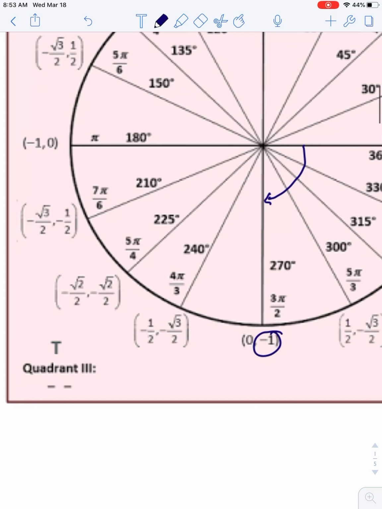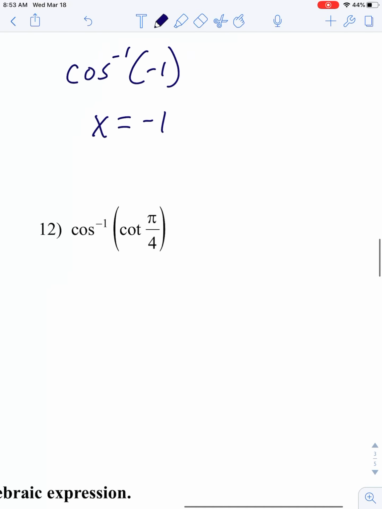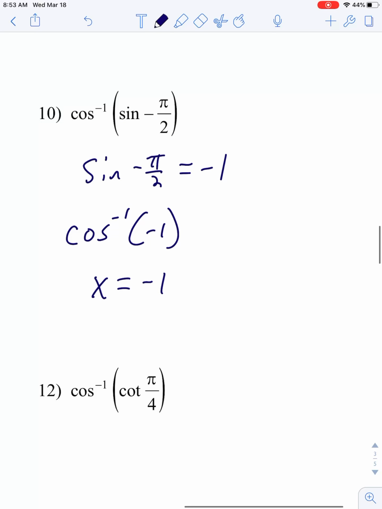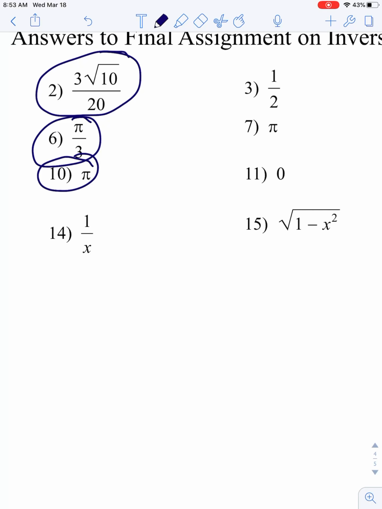That only happens in one place, right here. So 180 degrees or pi radians. So the answer to number 10 is going to be pi radians. Let me scroll down and check number 10, and we see there pi radians.